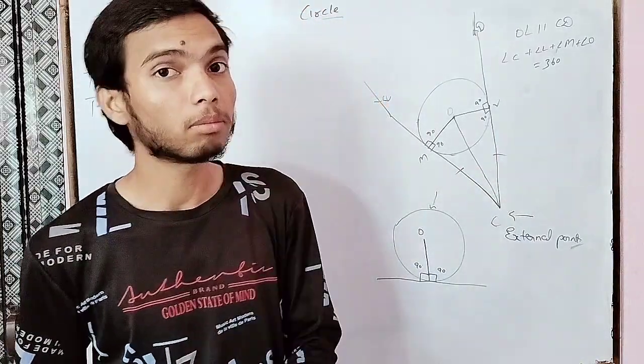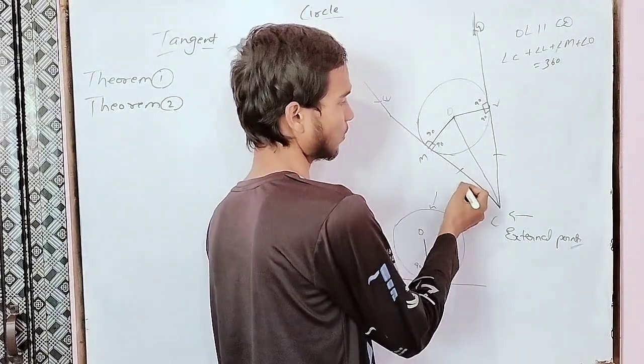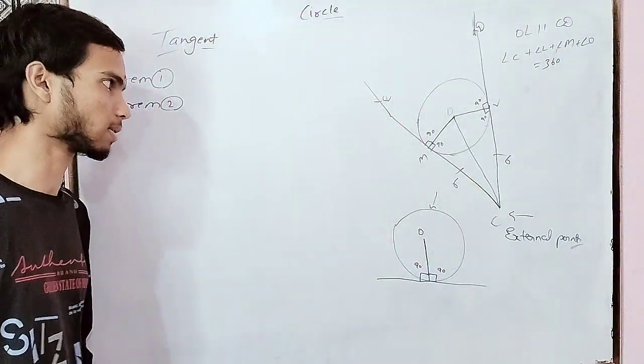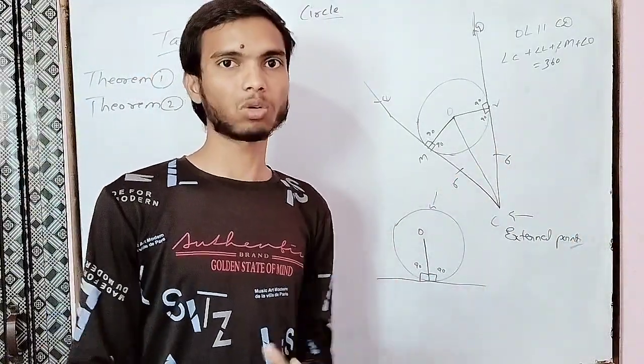Okay, this is what theorem number 2 is saying for this circle. If the measure of this side is 6, then the measure of this side will be 6, because both sides are equal to each other.